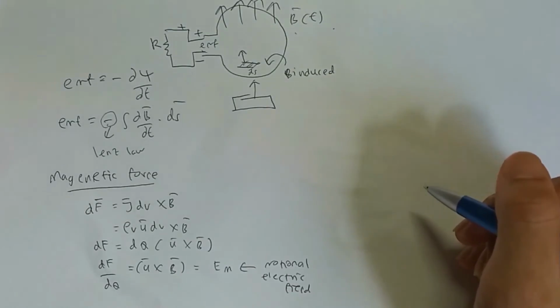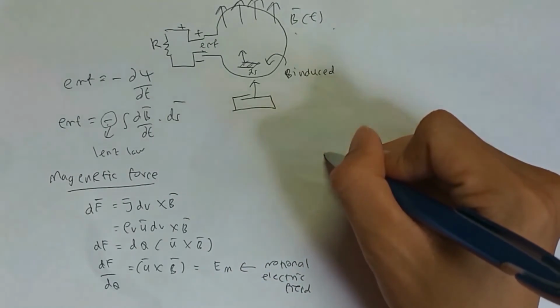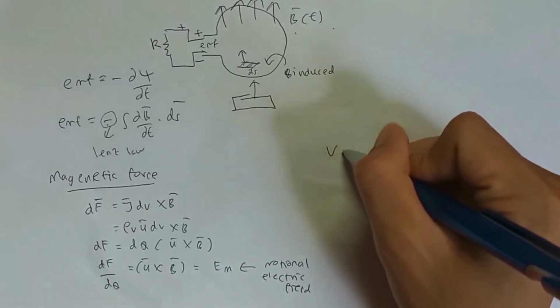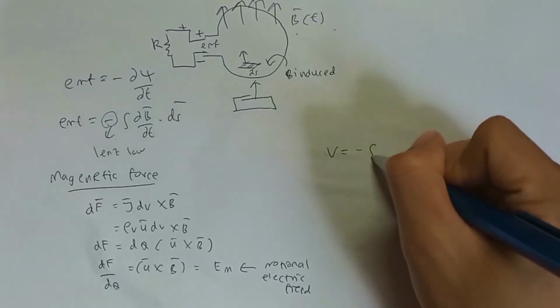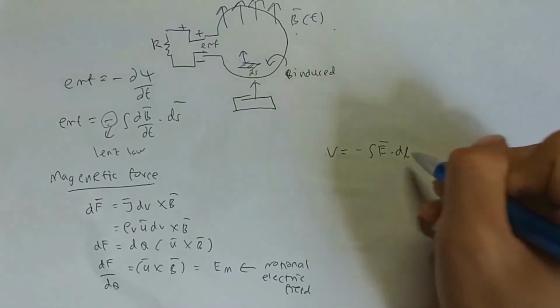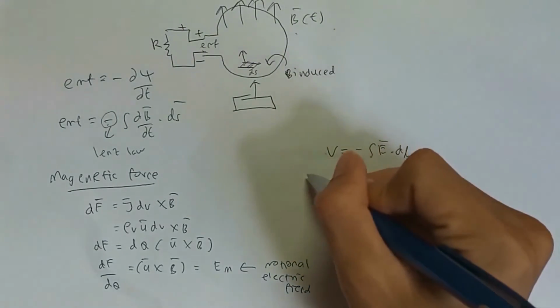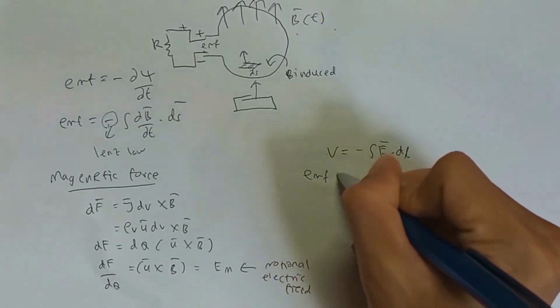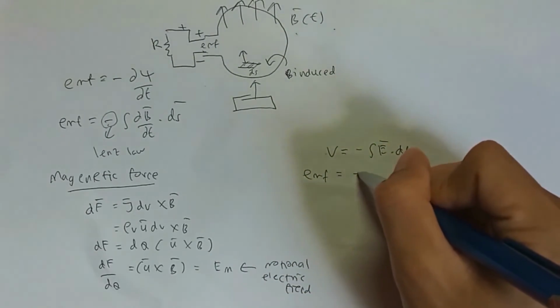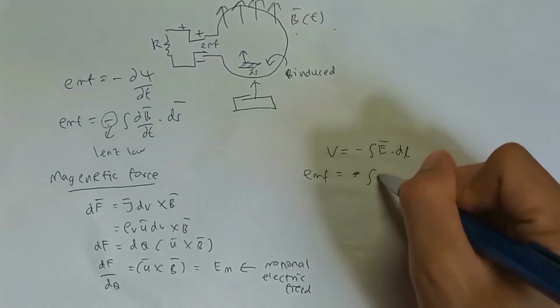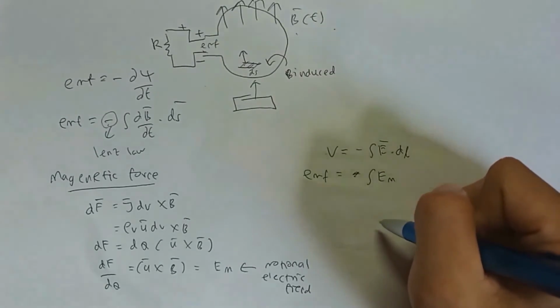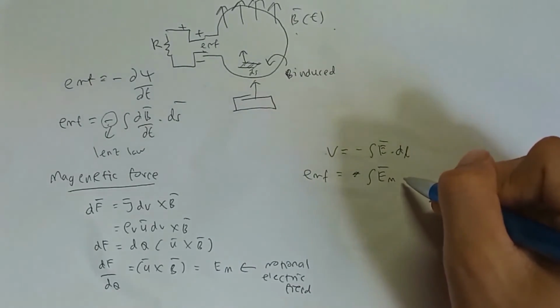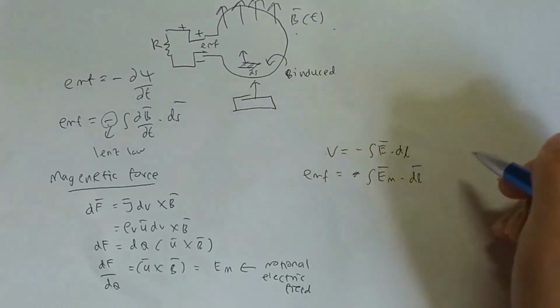Okay, after that, by applying the voltage formula, we assume V equals EMF, and then E equals E_m, which is the motional electric field in the wire.